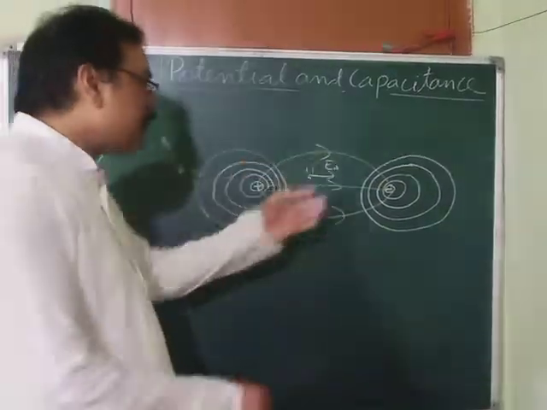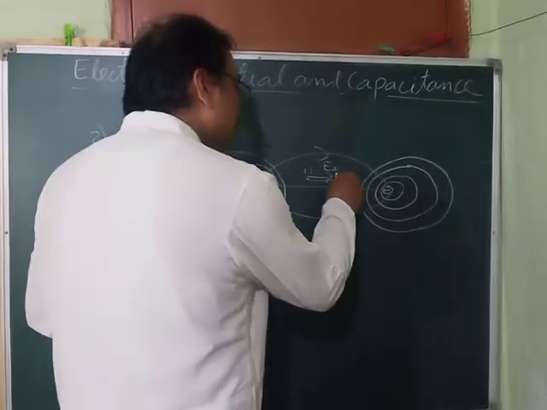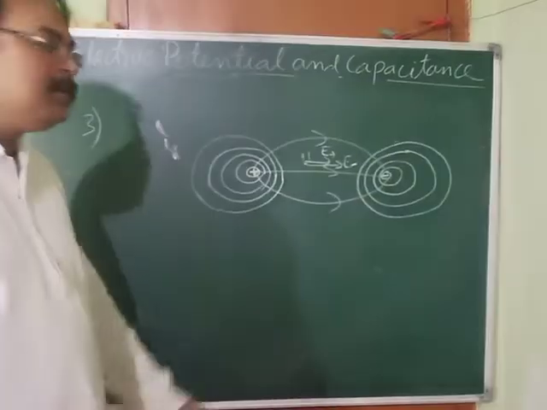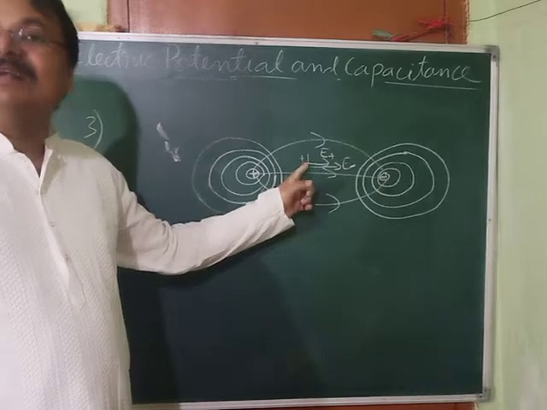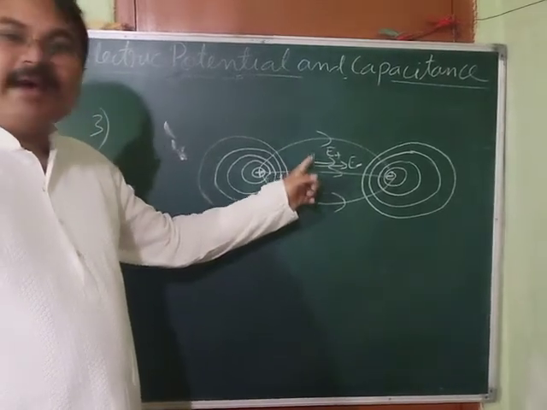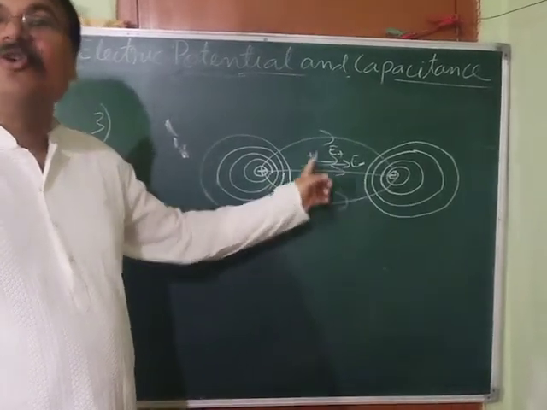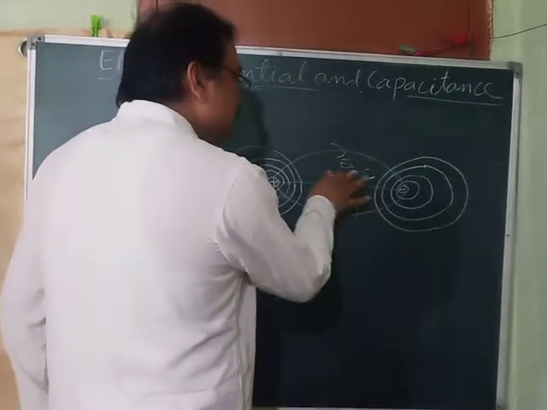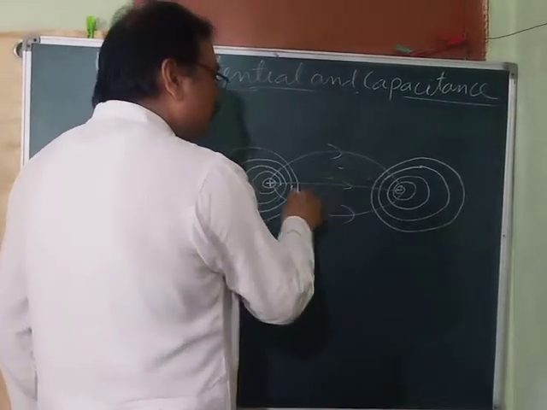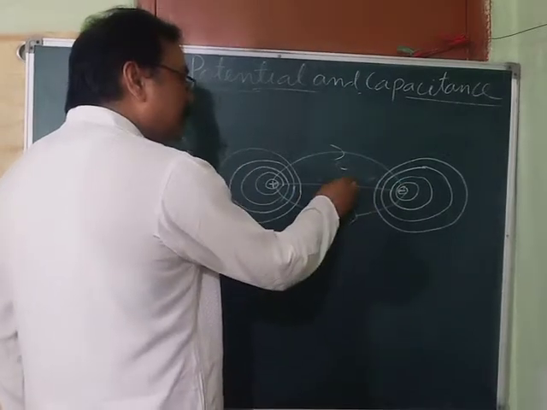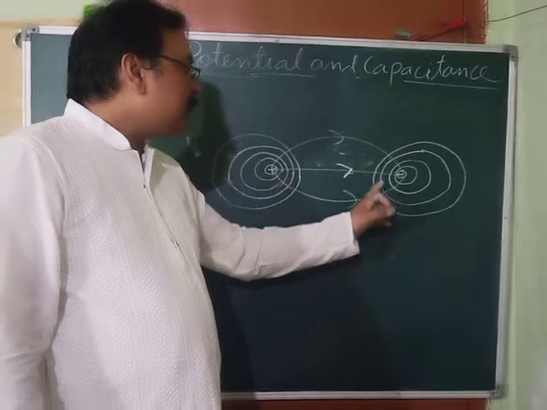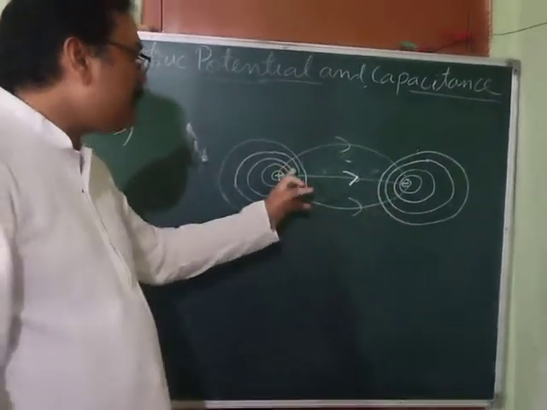It will attract, so it will pull again in the same direction. So the electric field due to the negative charge also will be in the same direction. Both the electric fields will be added, and so it will make a very strong electric field over here. That's why in the region between these two charges you will find the electric field is very strong, and that's why the equipotential surfaces are very near to each other.